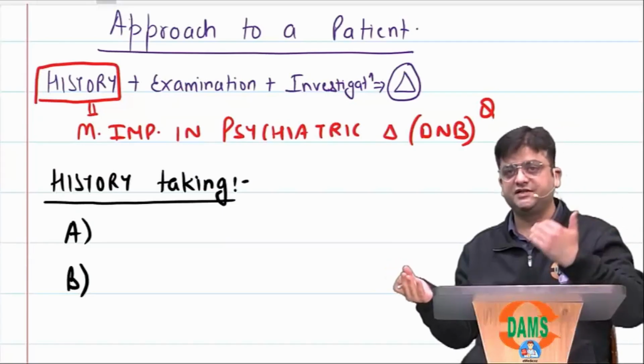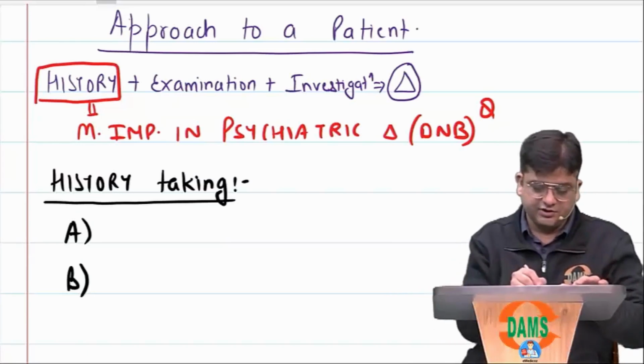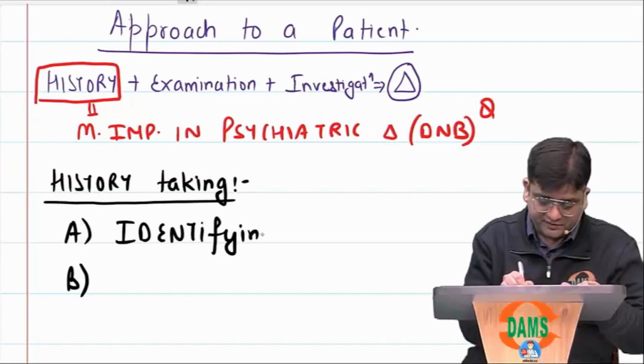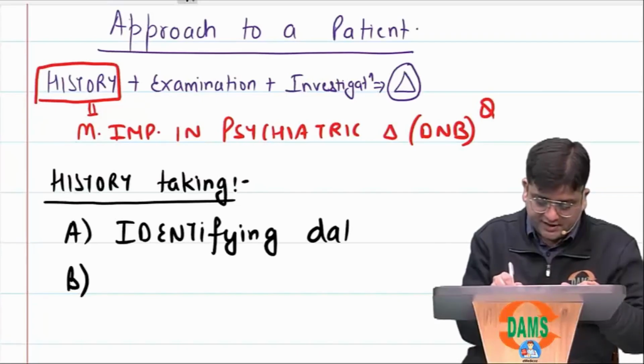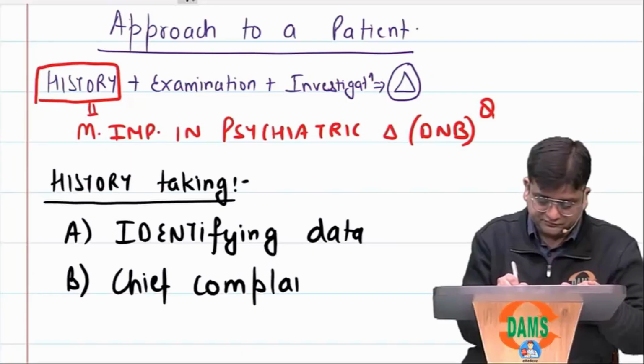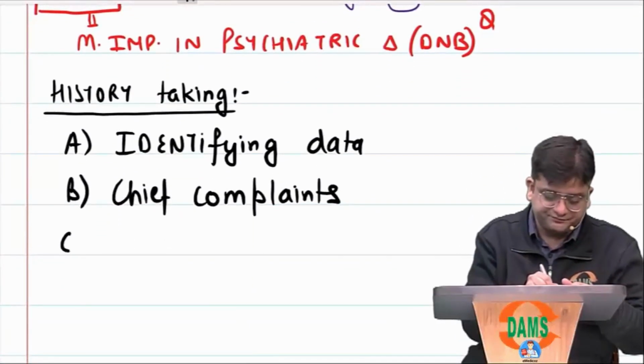Then comes personal history. On personal history, a question came in AIIMS exam. So let's write the headings. Identifying data. Chief complaints.